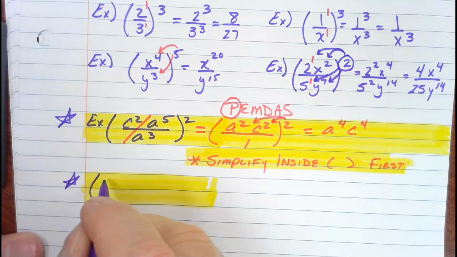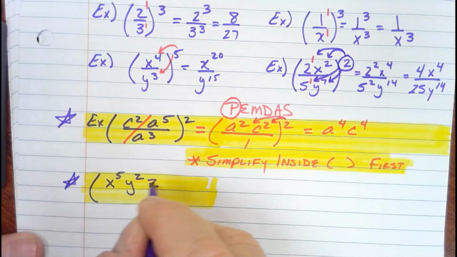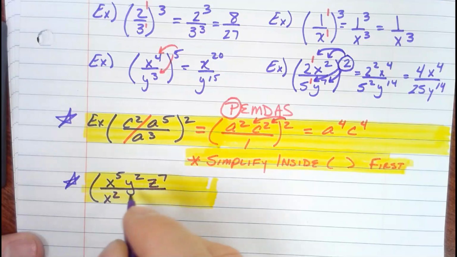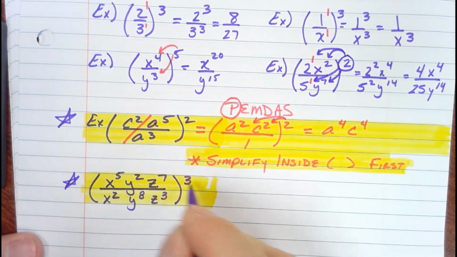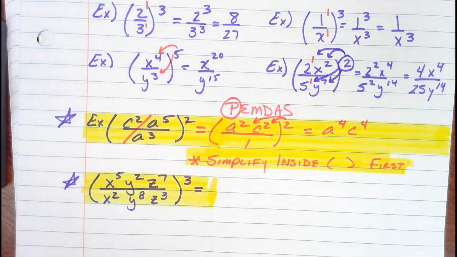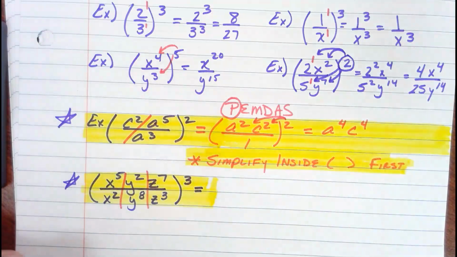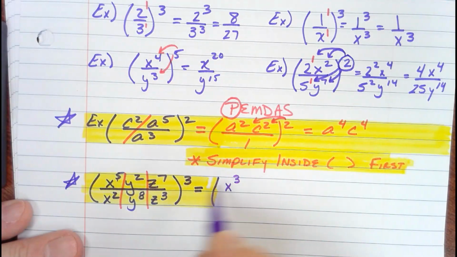If I have x to the 5th, y squared, z to the 7th, over x squared, y to the 8th, z cubed, and that quantity is cubed, I am going to compare x's, y's, and z's. There are 3 more x's in the numerator.